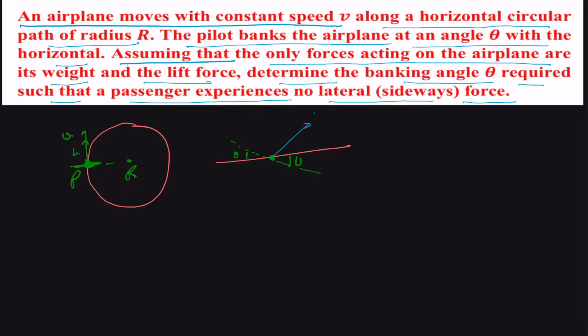This will be our lift L, and mg will always be in the downward direction. And we can divide this into two components, and this angle will also be theta. So we are going to get L cos of theta, and this will be L sine of theta.